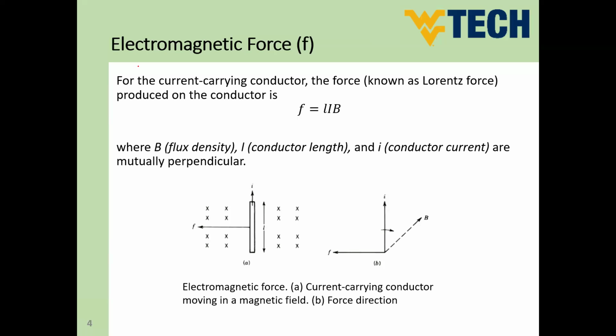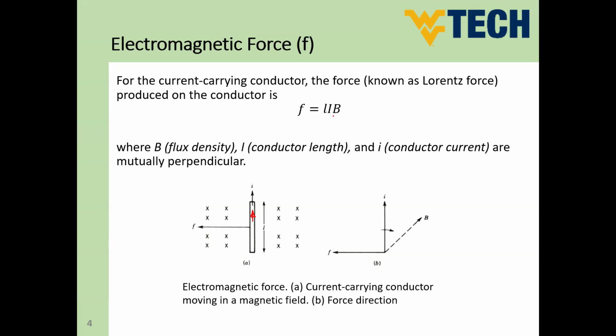If you have a current-carrying conductor, this is our conductor here, a wire, and you have a certain current flowing in this wire in this direction, the force known as Lorentz force that will be produced across this conductor is LIB.